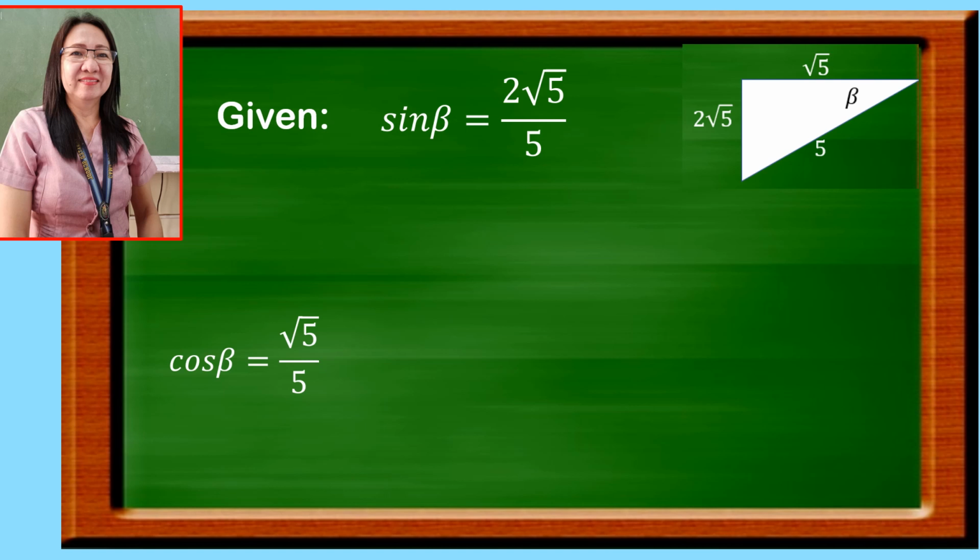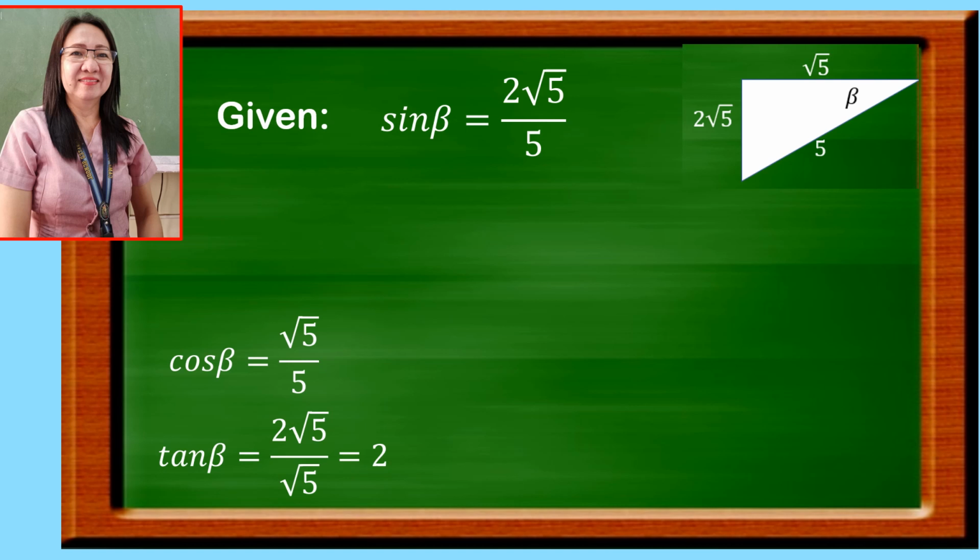This is the value for cosine beta. For tangent beta, described as opposite over adjacent, the opposite of beta is 2 square root of 5 over the adjacent, which is square root of 5. Then we can cancel square root of 5 in the numerator and denominator so that it is simplified into 2.